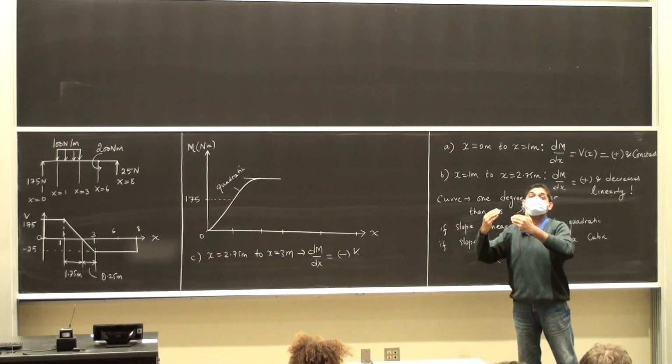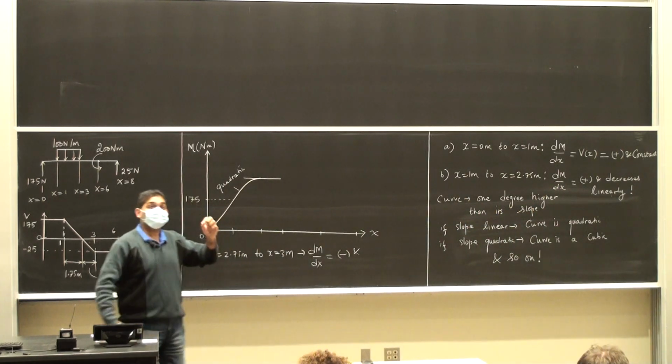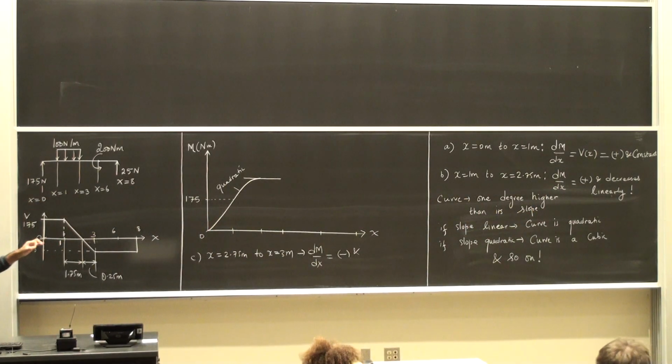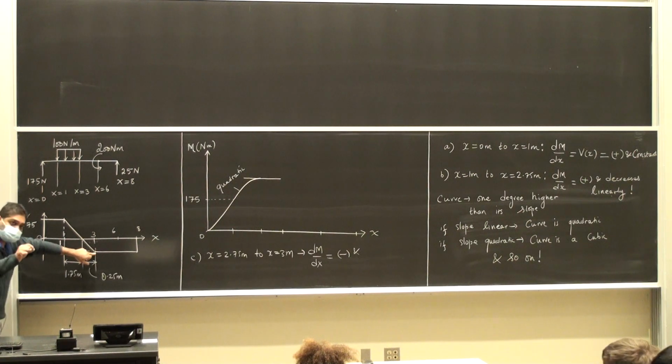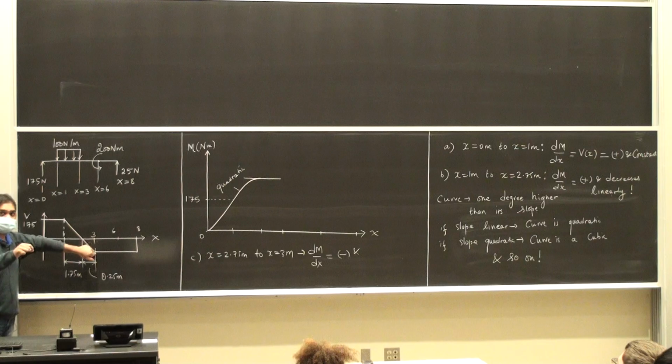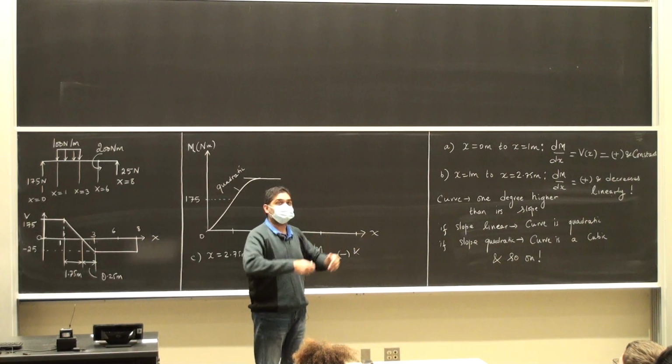Look at this, I'm not saying that the shear force value is increasing. The magnitude of the shear force value is increasing from 0 to 25 newtons. What's the sign of the shear force? It's negative. So when I write it as negative and increasing, I mean the magnitude is increasing.